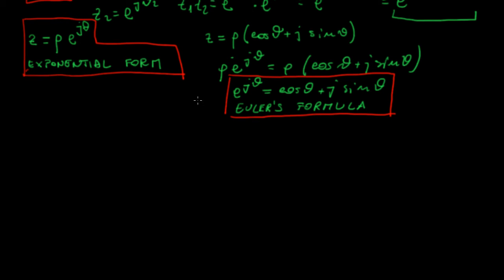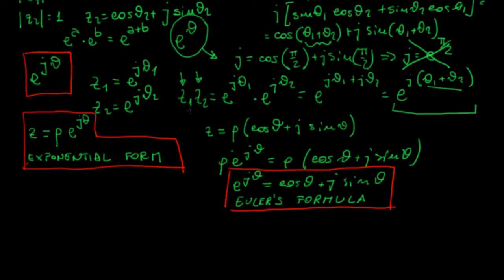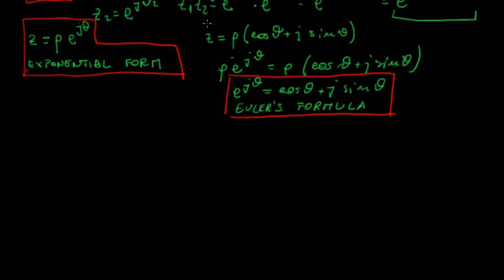We have already seen that it is very easy to make multiplication. We just need to add the arguments. But we have been using this for a complex number with modulus 1. What to do if we have a generalized exponential form? For example, z1 is rho 1 e raised to j theta 1, while z2 is rho 2 e raised to j theta 2.